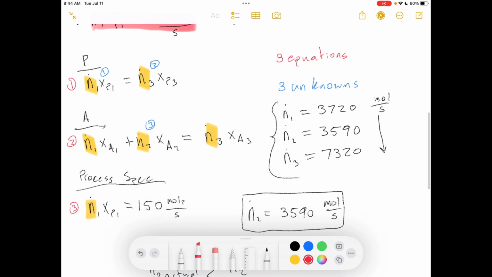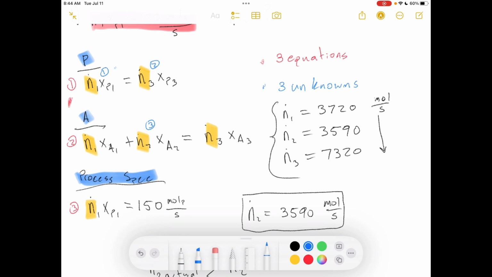Okay, for this next part, I've done the material balances. Here for propane, here for air, and then I used the process spec. I've numbered in red how many equations we have. We have 3 equations, and then I've highlighted in blue the number of unknowns.